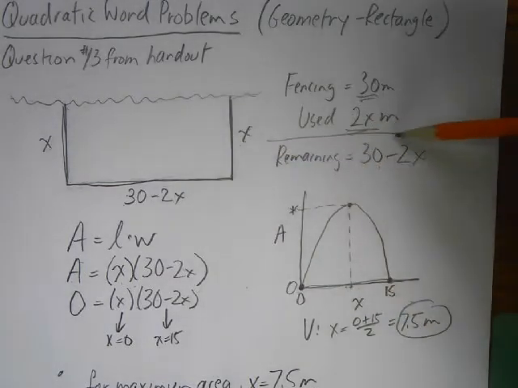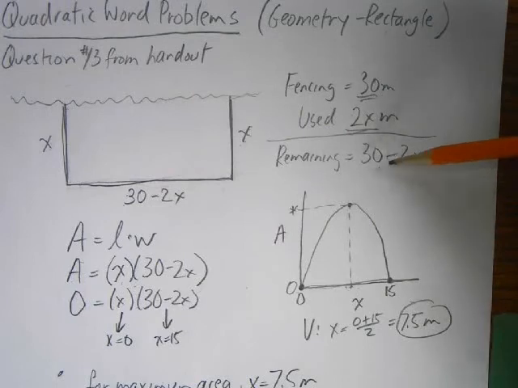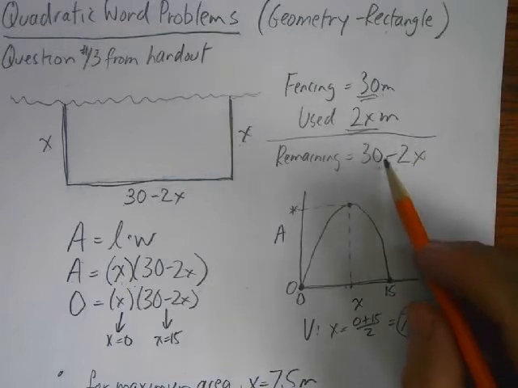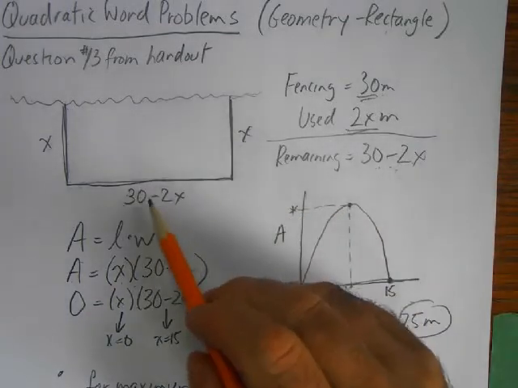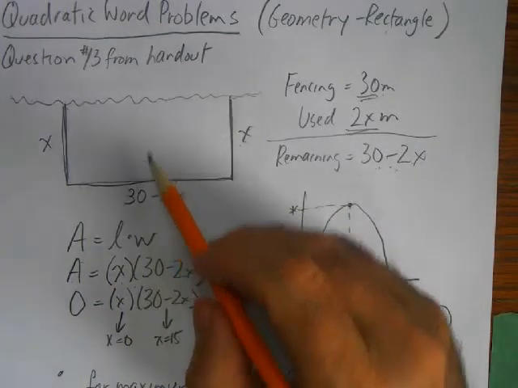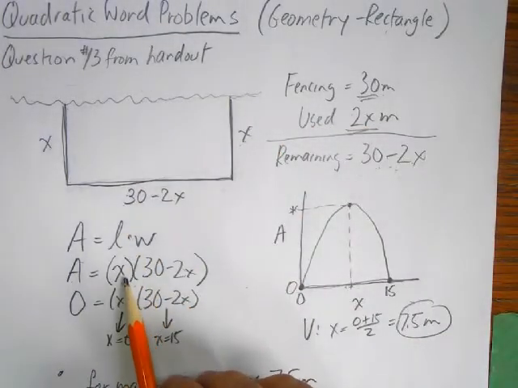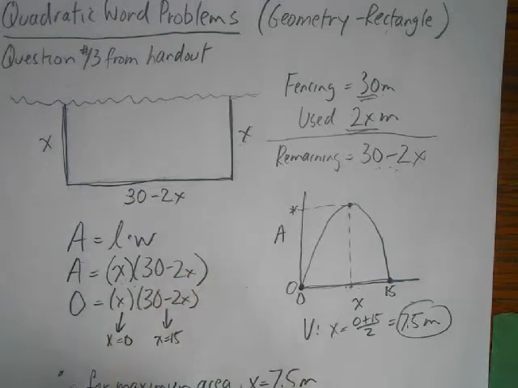This time I need to have 2 sides that use that. So I have to divide this remaining fencing by 2. So 30 minus 2x over 2 would be 15 minus x. This side would become 15 minus x, and this side would become 15 minus x. And then your equation down here would just change to 15 minus x.